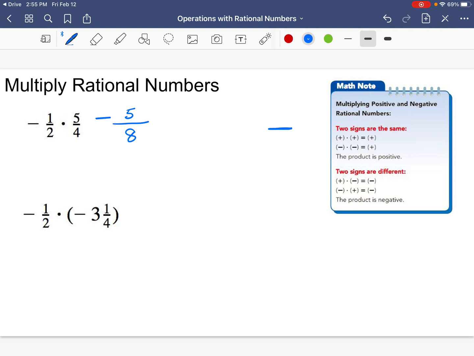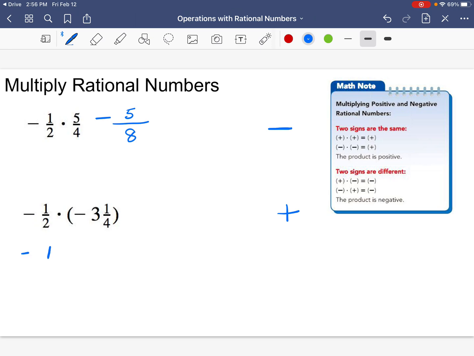Now in the next example, I am multiplying negative 1/2 by negative 3 and 1/4. Both signs are the same, both are negative, so my product is going to be positive. I decide that before I start doing the calculations. And because it's multiplication, I do not need common denominators, but I do need the 3 and 1/4 to be an improper fraction.